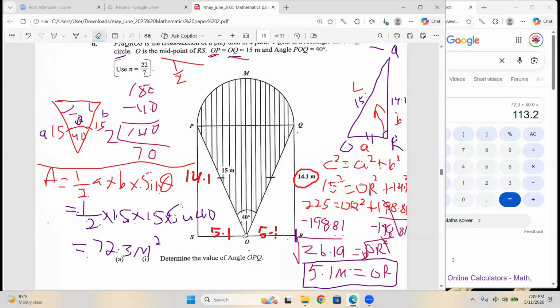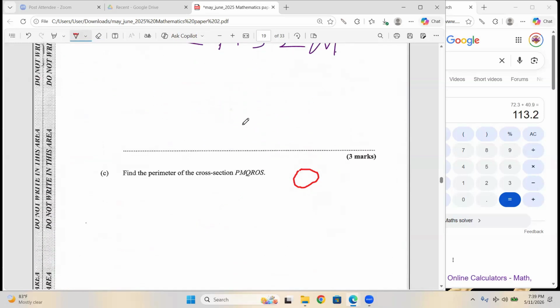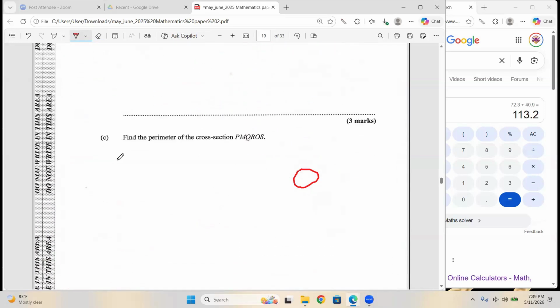So we have almost all the sides except the arc. So we need to figure out the length of this arc and then add it to this and that and that and that, and we get the perimeter. So length of the arc, I'll find it on here.